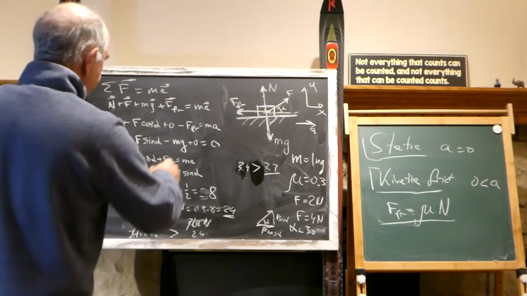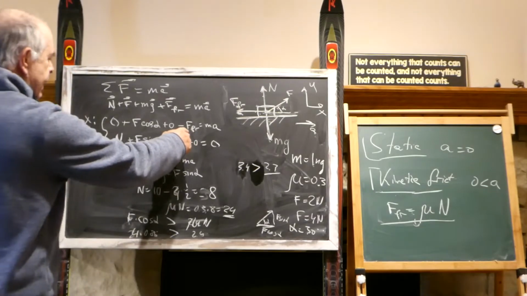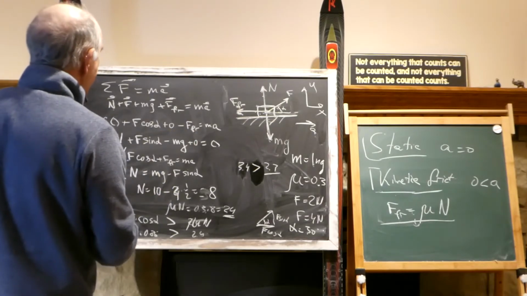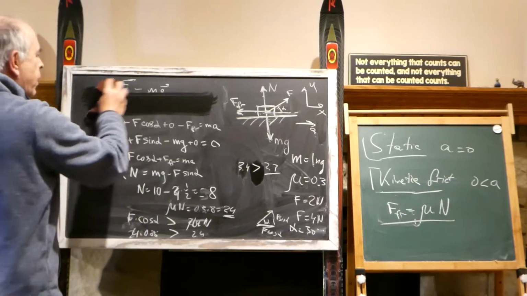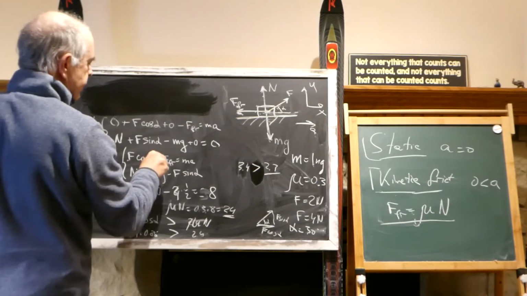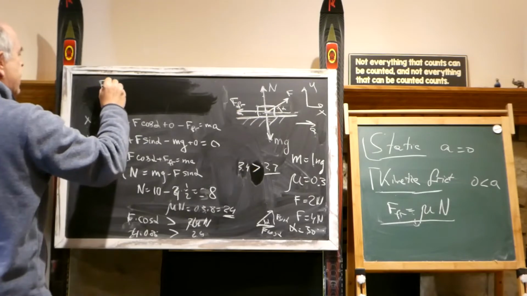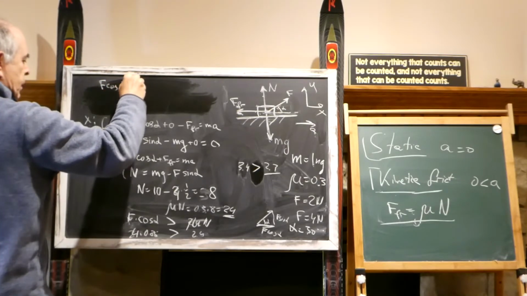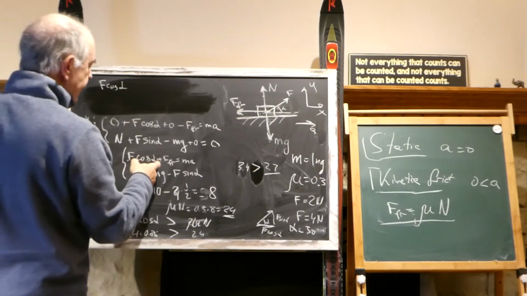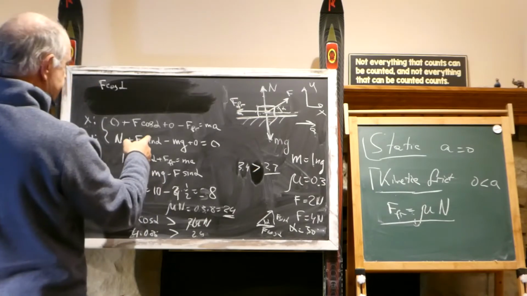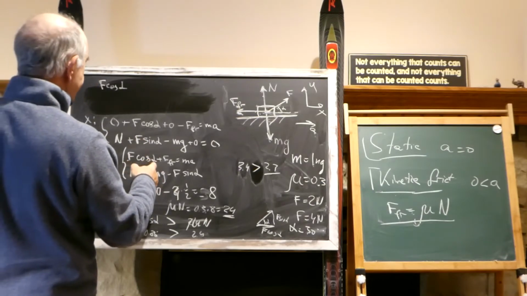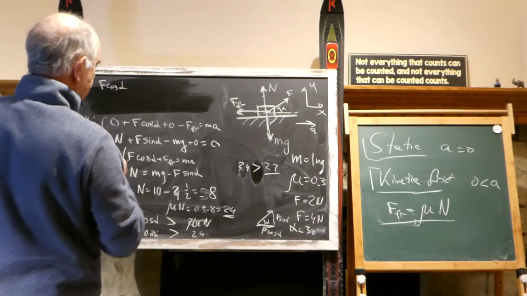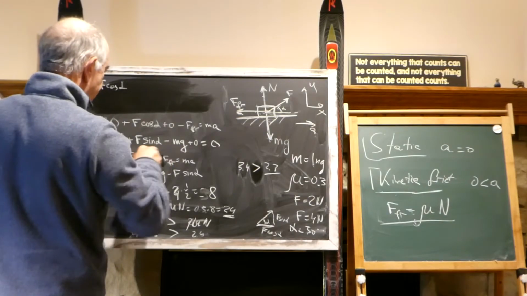And so if we put a friction just right here, we will receive this equation. So I'm putting this F cosine, and F cosine minus F friction.